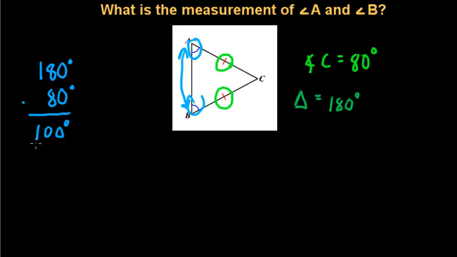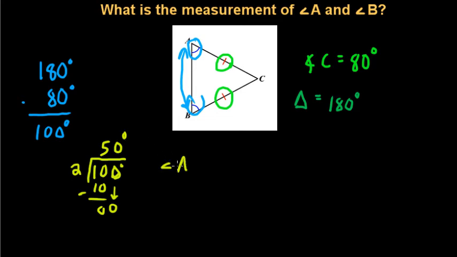If they're the same and I have 100, I can just split that in half. 100 degrees divided by 2 is 50 degrees. So angle A and angle B equal 50 degrees.